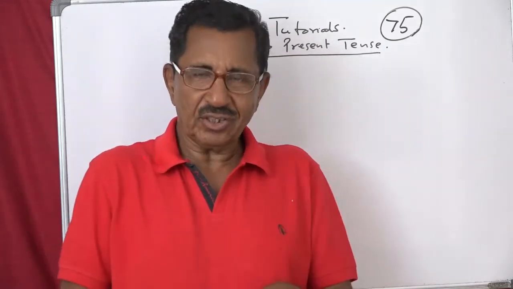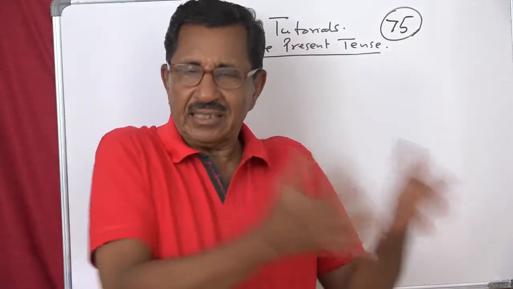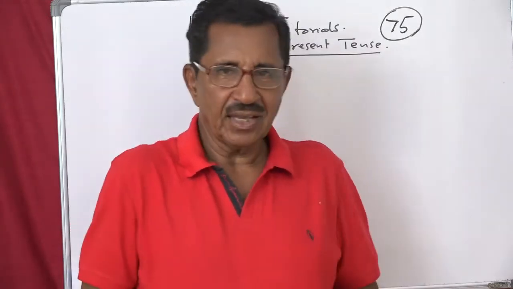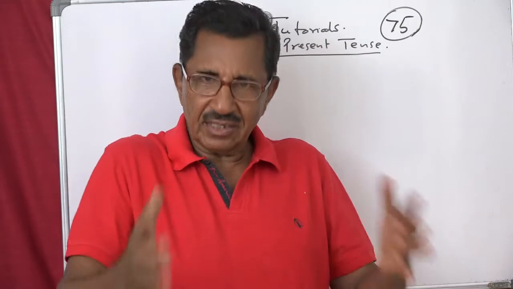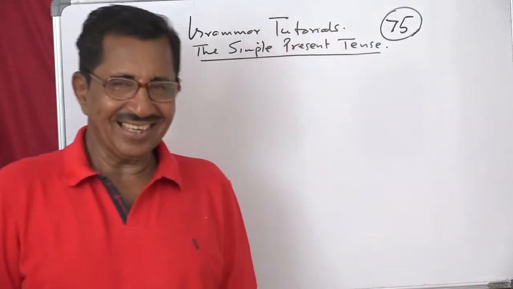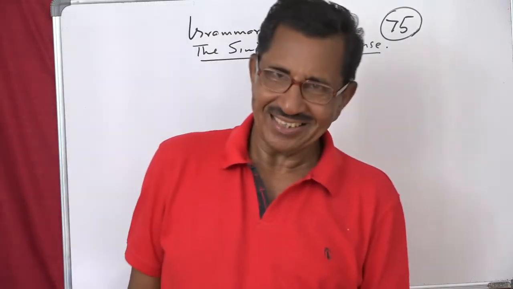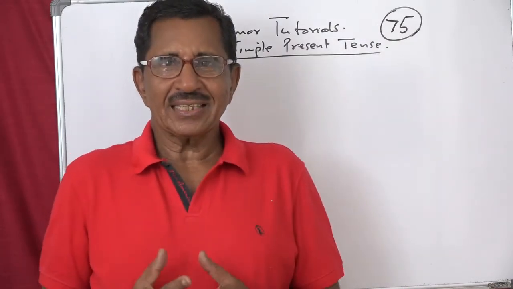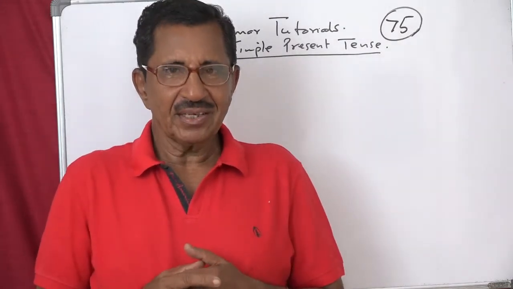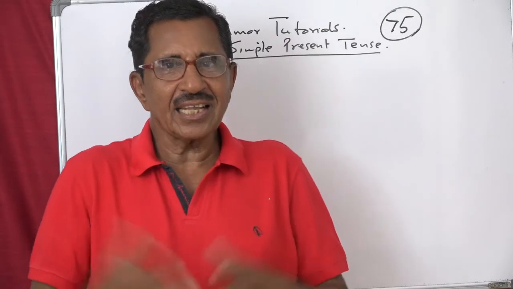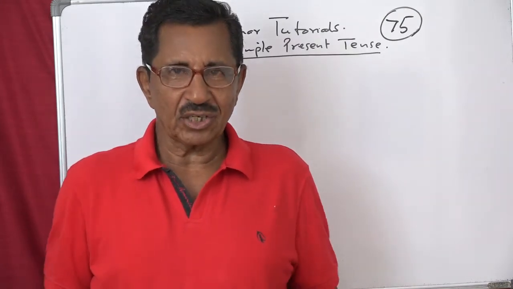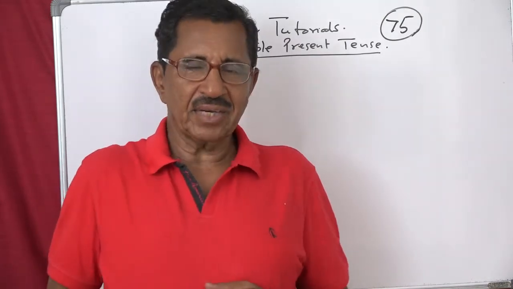Negative means a no situation. For example, he runs means something is happening. He does not run, nothing is happening. You got the point? Yes. So take 10 verbs, make 10 sentences, and then rewrite them using nots to make them negative.